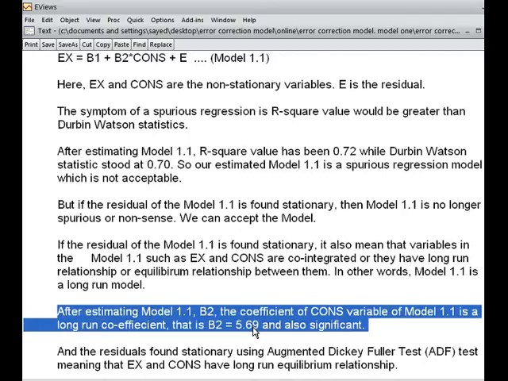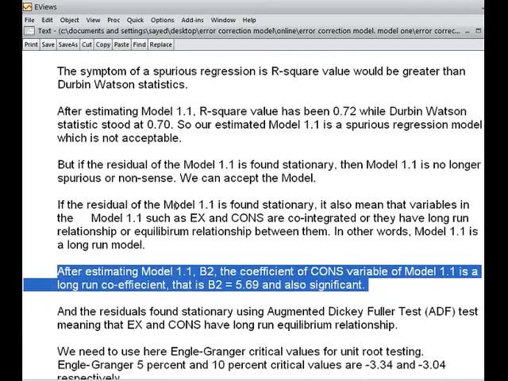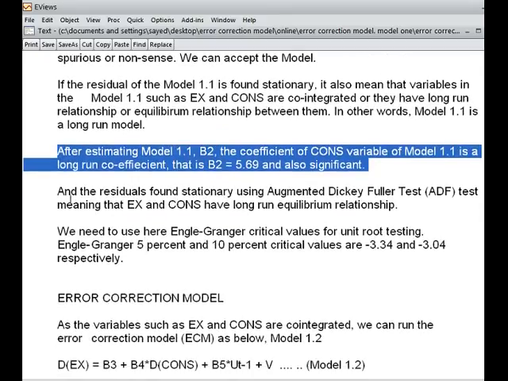Okay, now we want to check whether the residual of model 1.1 is stationary or not. How to check it? And you know that how to check whether a variable is stationary.